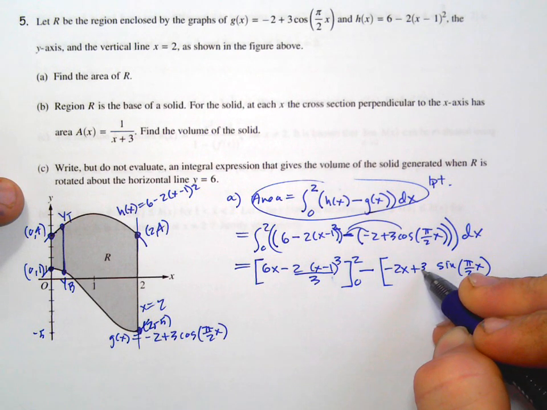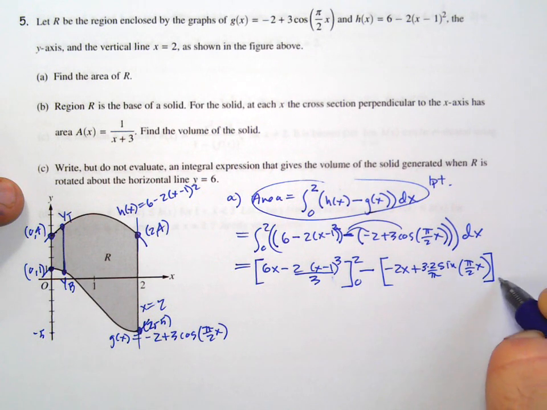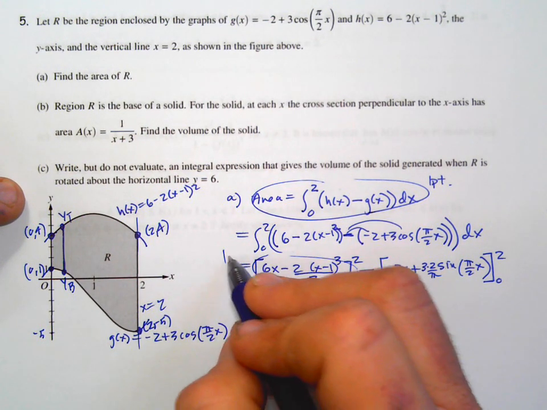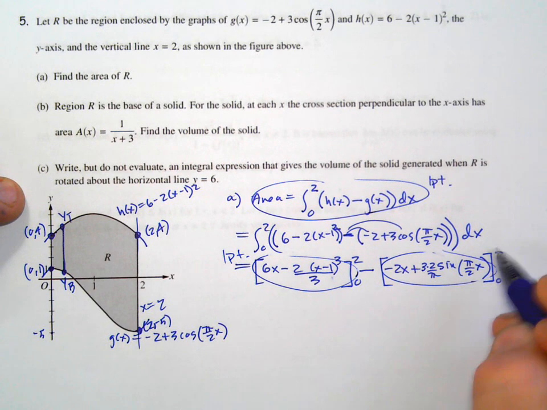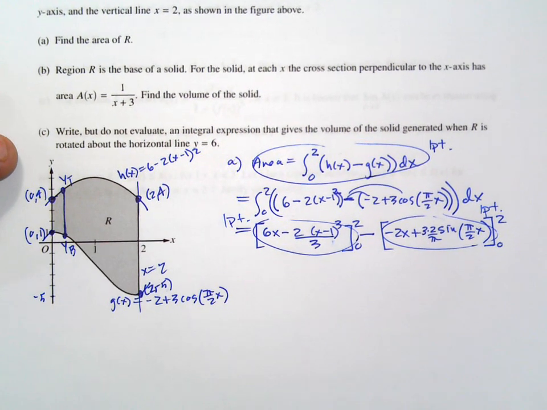So I already have a 3, but then I need an extra 2 over pi. You could do u substitution to show that. Now we get another 2 points for the antiderivatives. So just you getting points for knowing how to integrate correctly.